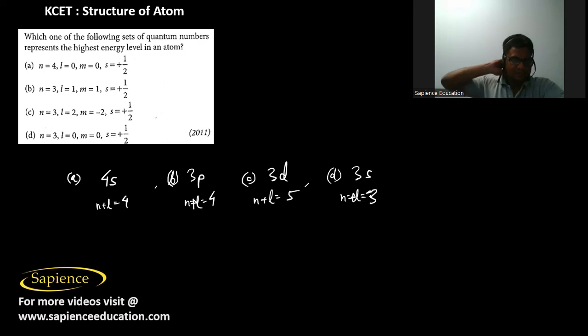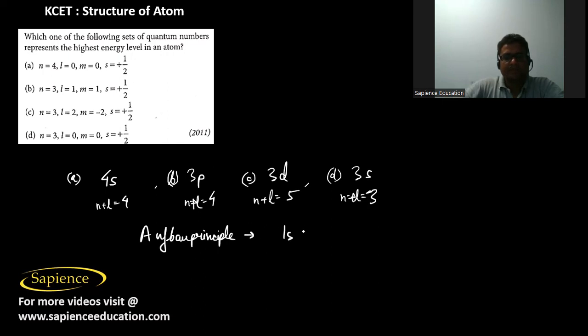Now, according to the above principle, the correct order is 1s, then 2s, then 3s, then 3p, then 4s, then 3d, then 4p, and so on.